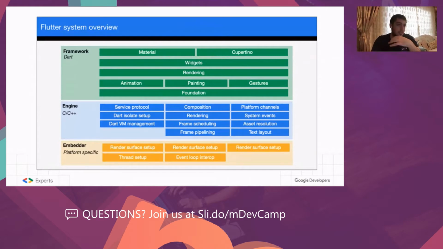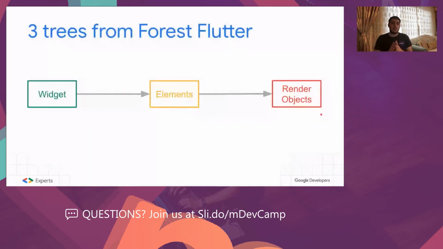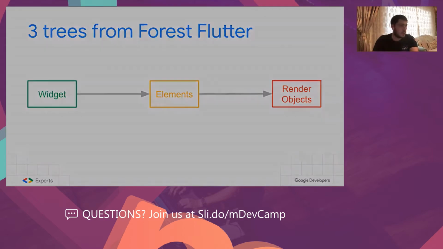For this, now we will learn three essential tree structures in Flutter itself. They are called widgets, elements, and render objects. These three concepts come together and bring us the performant Flutter that we know. So let's go. First, let's learn what a widget is.